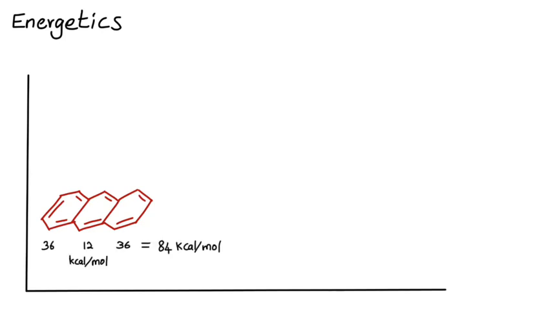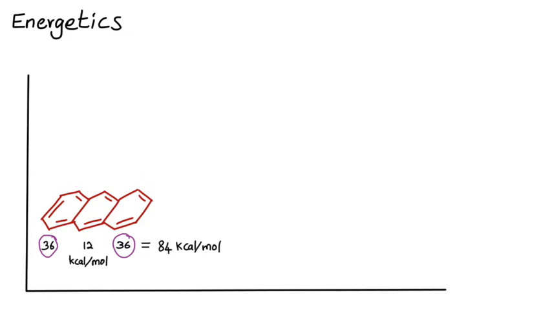Here's how much each benzene ring contributes to the stability of this compound, anthracene. The outer rings contribute 36 kilocalories per mole to the stability of the molecule, which means to break these benzene rings, you have to add 36 kilocalories per mole of energy.